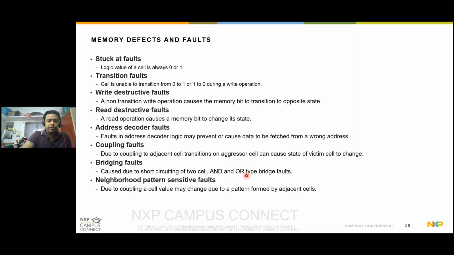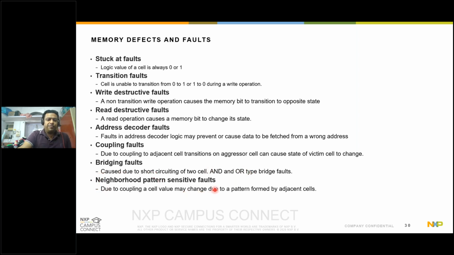In the AND kind of bridge fault, due to shorting, the final output of the memory cell is the AND of the values stored in these two cells. And in the OR kind of bridge fault, the final value on the cell is the OR of the values stored on these two cells.